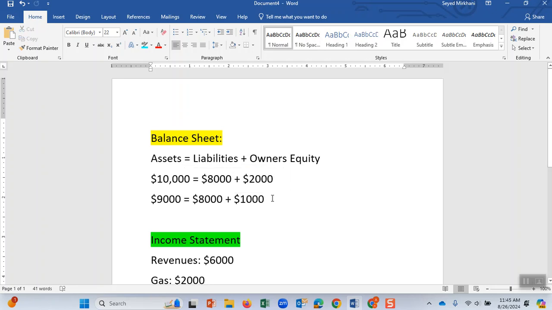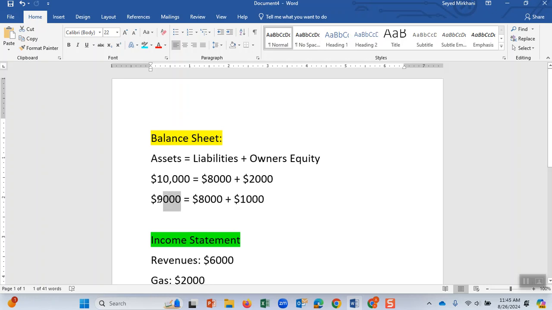Now imagine that the next day he or she goes and puts $100 of gas in the car. The value of the car at the moment when they put the gas in it is $9,100. He or she still owes $8,000, but his or her equity is $1,000 plus $100.